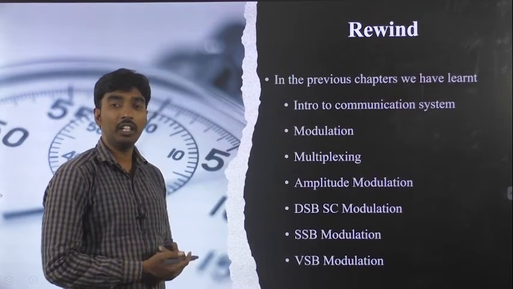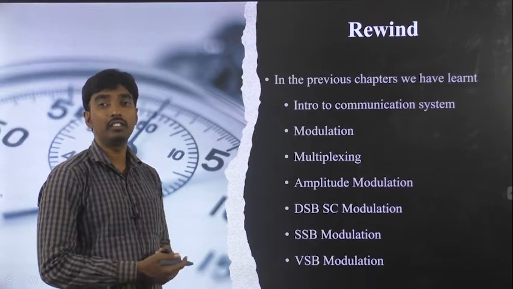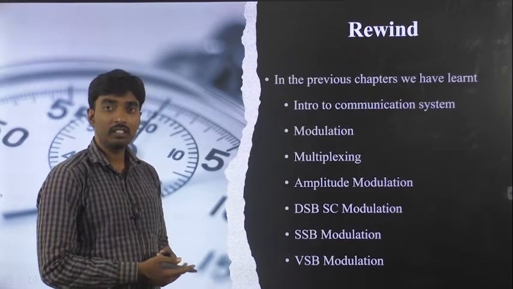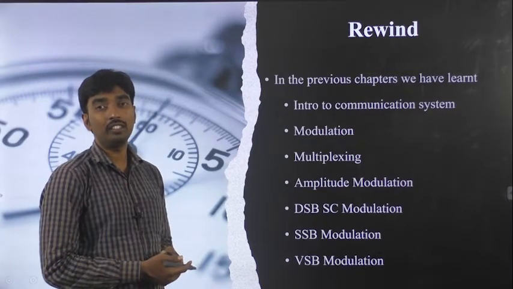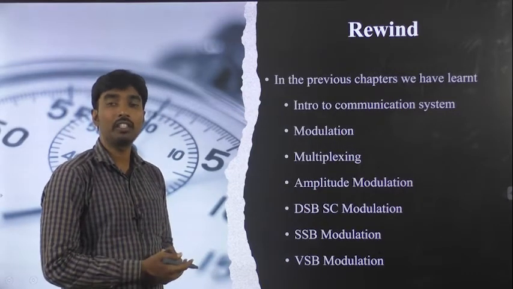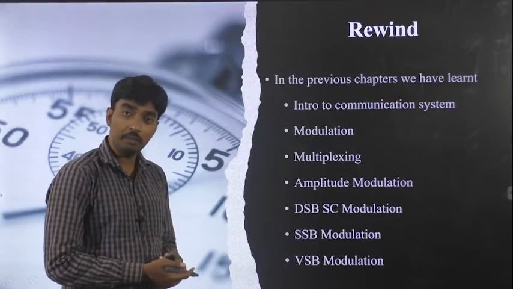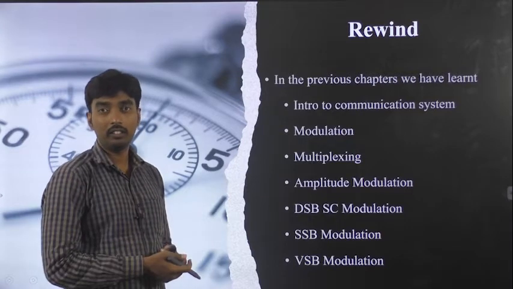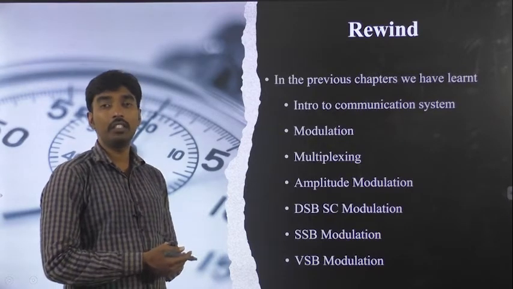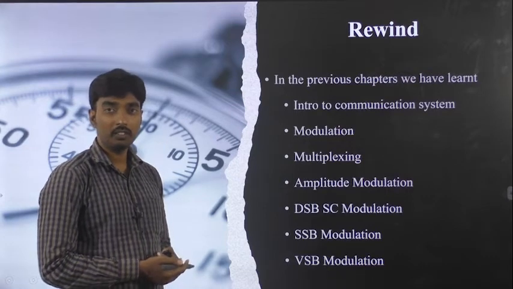And again, we are not utilizing the channel bandwidth effectively. The same information we are sending in 2 bands, upper sideband as well as lower sideband. Now again, we move to SSB-SC modulation, where we filter one of the sidebands, and that sideband we transmit over the channel.